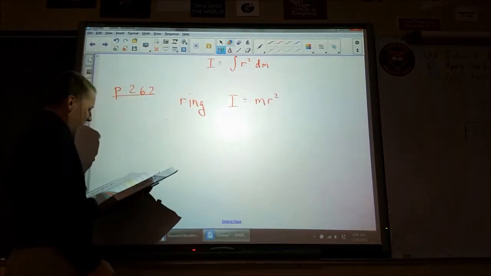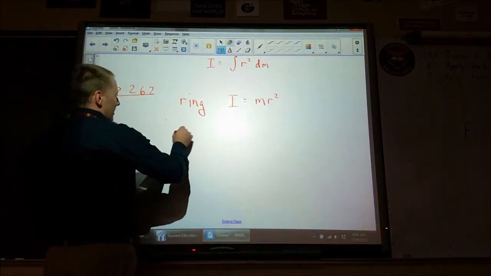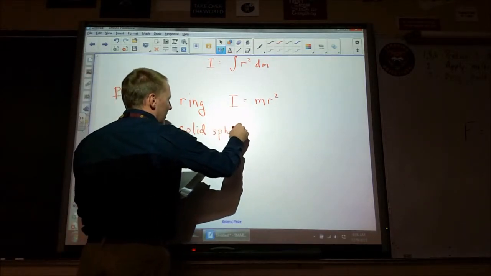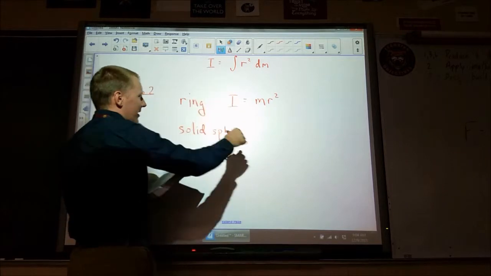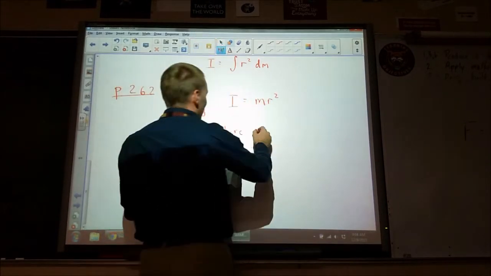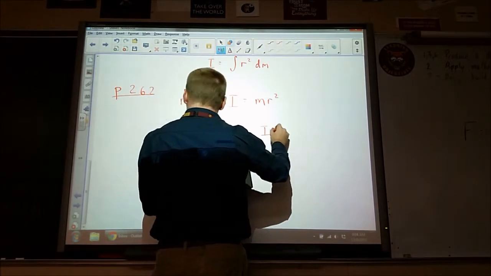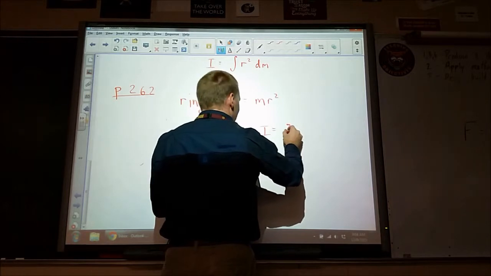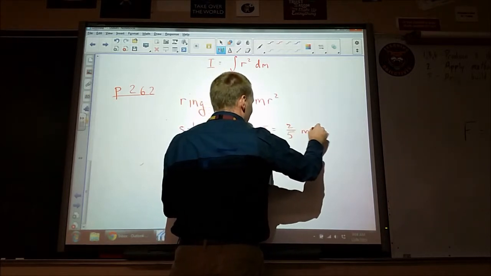If we have a sphere, a solid sphere, and we do this calculation, now this is going from a very small radius all the way out. The I is equal to 2/5 mr squared.